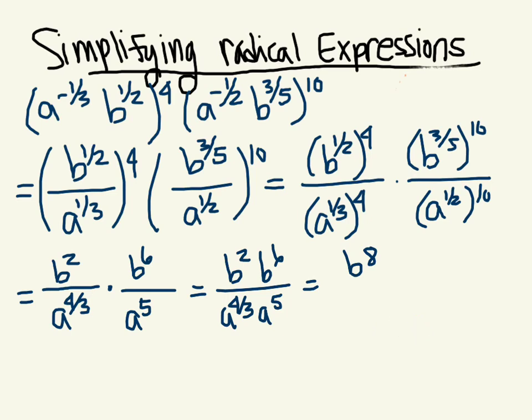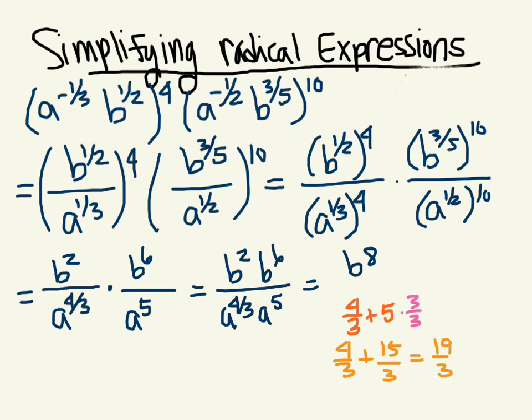Now the denominator one is a little bit more tricky because it's a fraction, but that's okay. We know how to do fractions. So it's going to be 4/3 plus 5. We need a common denominator, so let's multiply the 5 by 3 over 3. That gives us 4/3 plus 15/3, and 15 plus 4 is 19.